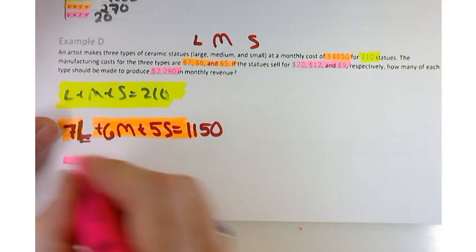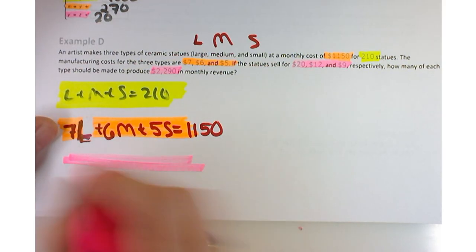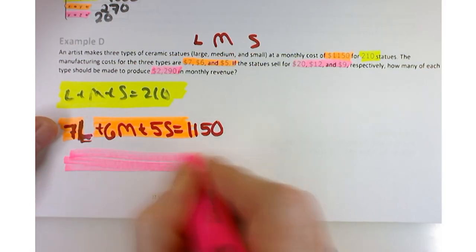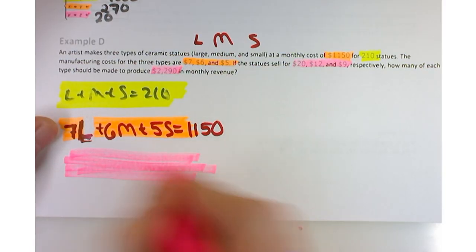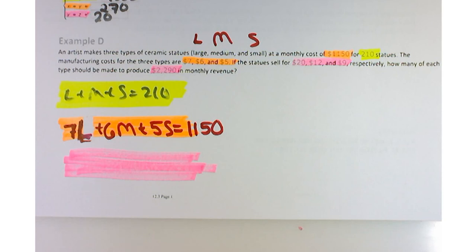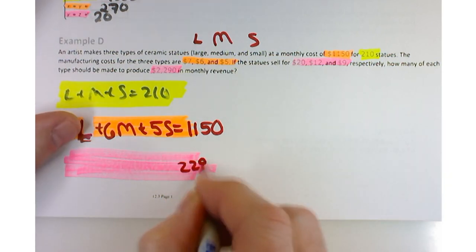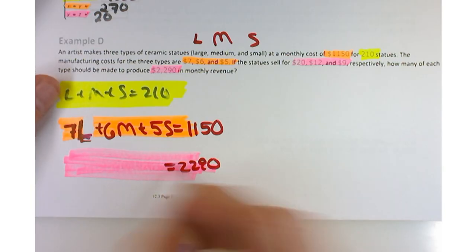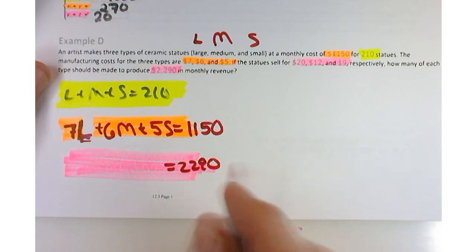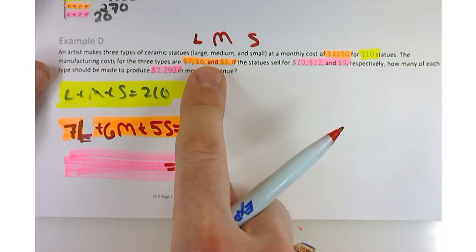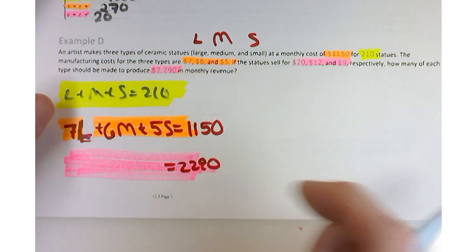So that's the last one. Isaac, can you help me out with that one? Where are we going to get our revenue? I want to make $2,290 out of all this. Those are from all three. So just like the 7L plus 6M plus 5S, that was for our cost. 20L.